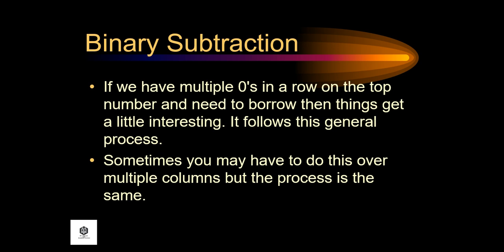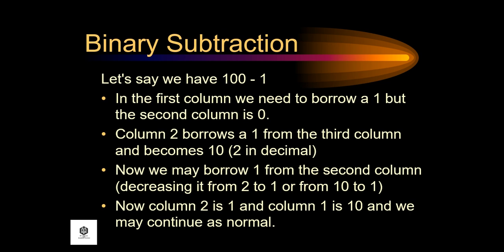If we have multiple zeros in a row on the top number and need to borrow, then things get a little interesting. It follows this general process. Sometimes you may have to do this over multiple columns, but the process is the same. Let's say we have 100 minus 1. In the first column, we need to borrow a 1, but the second column is 0.